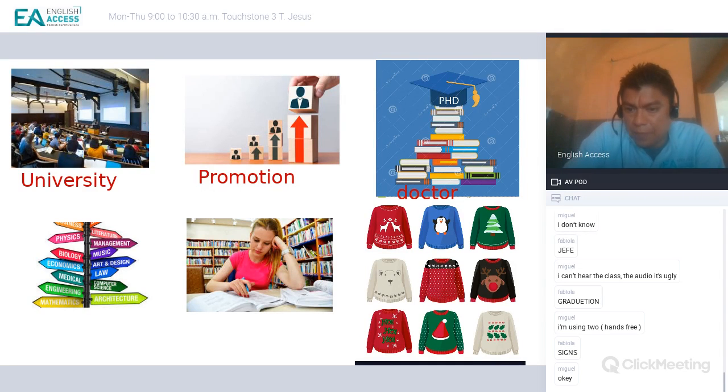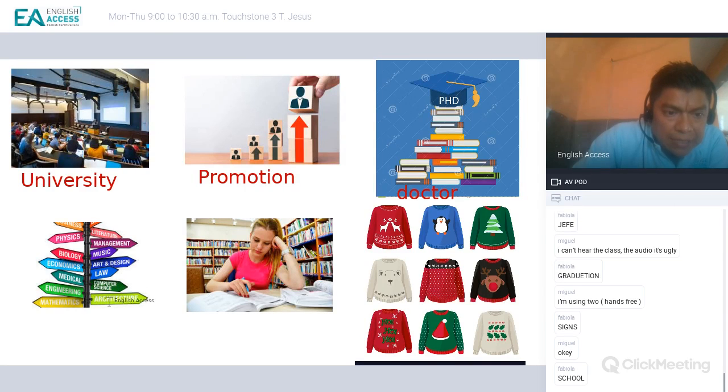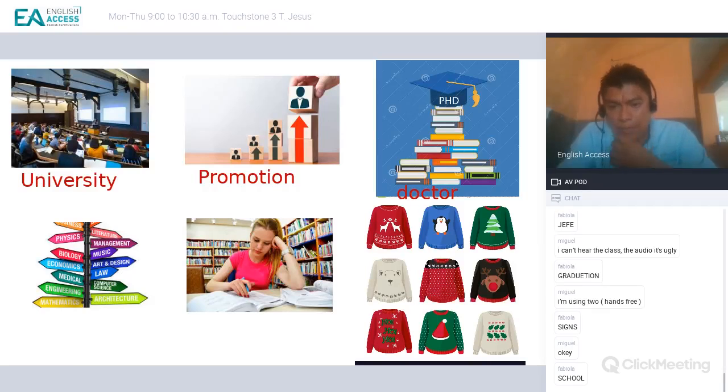Okay. Yes, Fabi, these are signs, but let's read the signs. One says literature. The other one says management. Next, music, art and design, law, computer science, architecture, mathematics, engineering, medical, economics, biology, physics, business. These are schools? Yes. They are for universities.